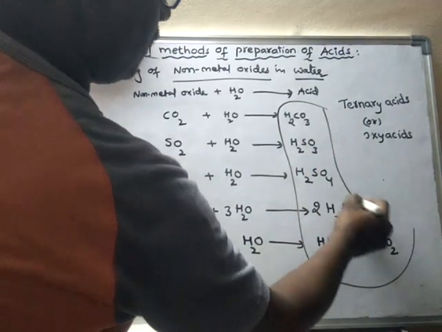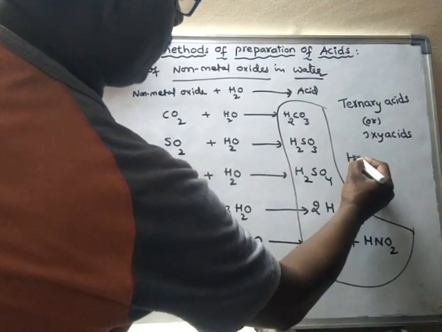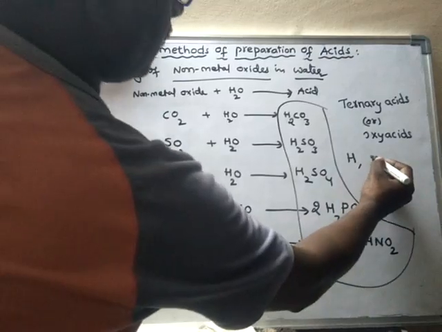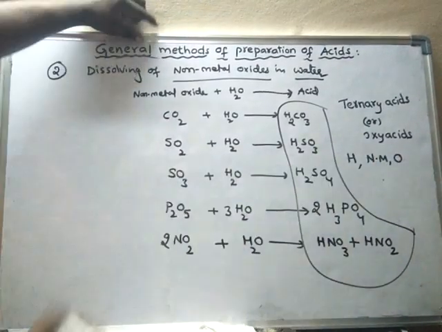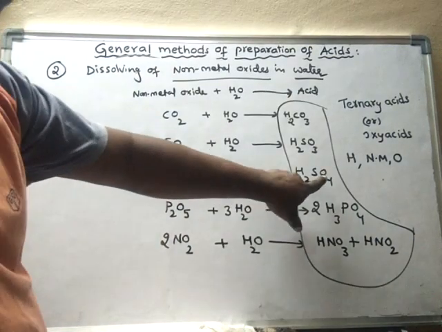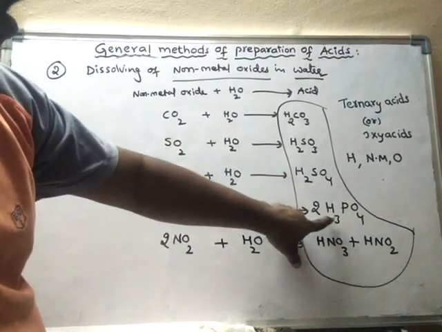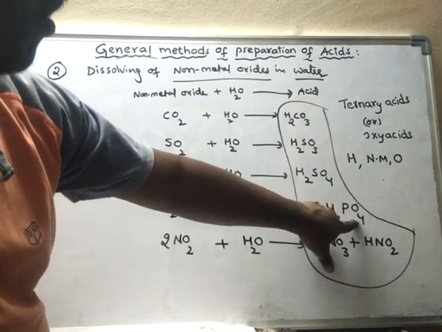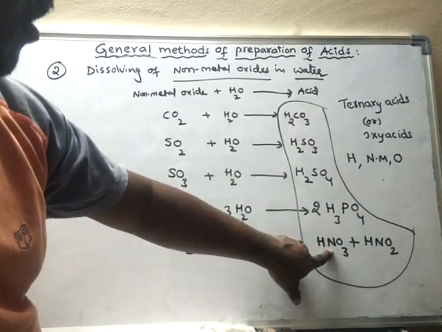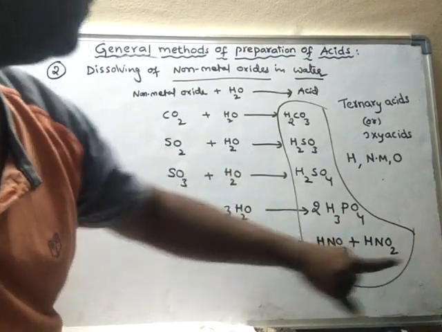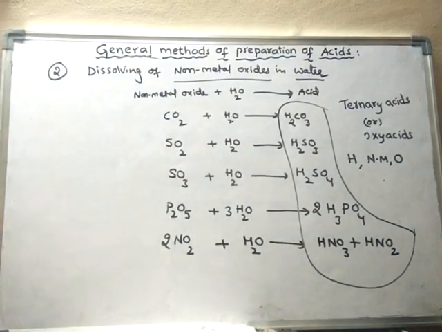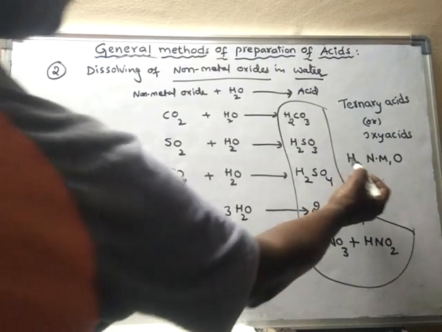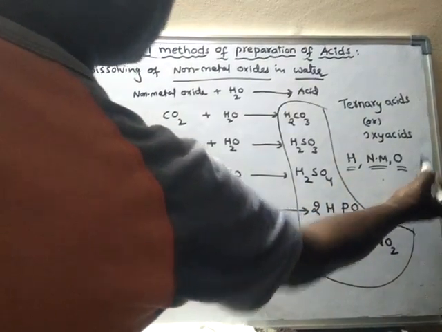Out of the three elements, compulsorily there should be hydrogen, another non-metal, and oxygen. Hydrogen, non-metal, oxygen. So compulsorily three elements should be present.